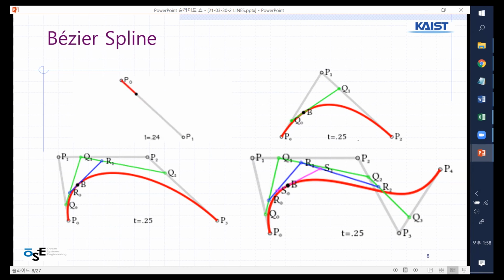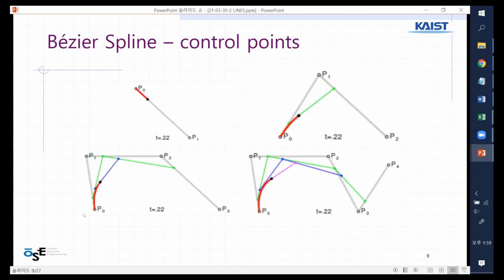So 5 control points. By using approximation of these control points, the red line is the real curve generated by these control points. In between, there are second order and third order Bezier curves. That is the idea, but the equation is complicated, right?